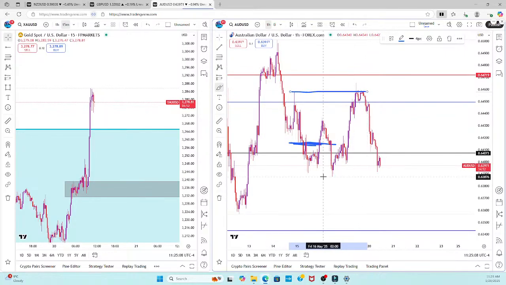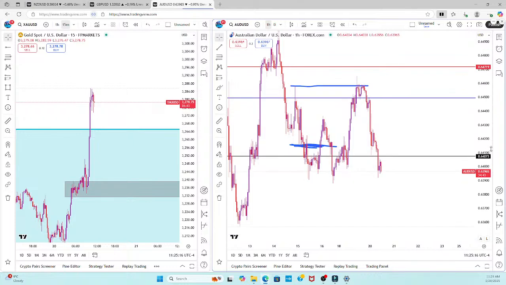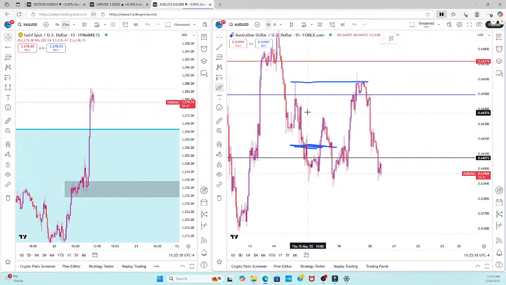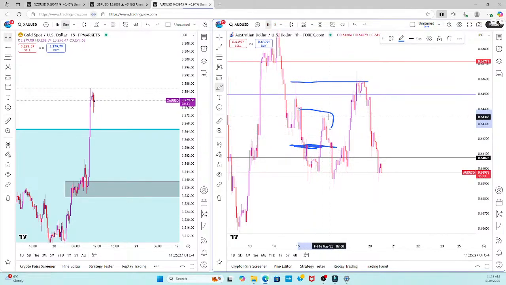The price went back to retest and came to this resistance right here. This is the internal resistance, and then it did react. You can see that it sold off, came back to the current low, and then it held it, right?